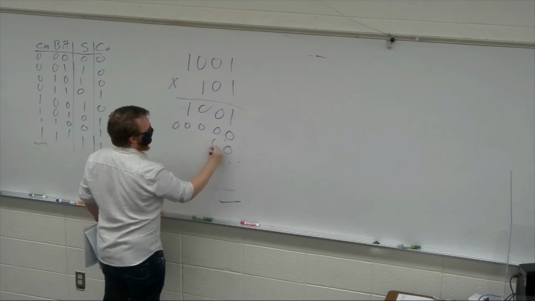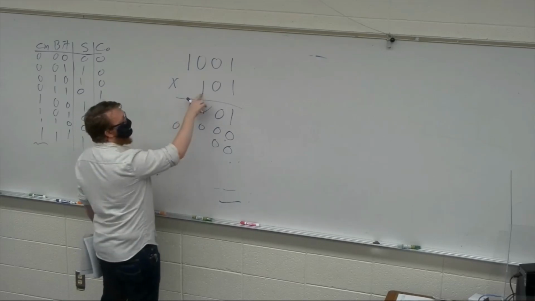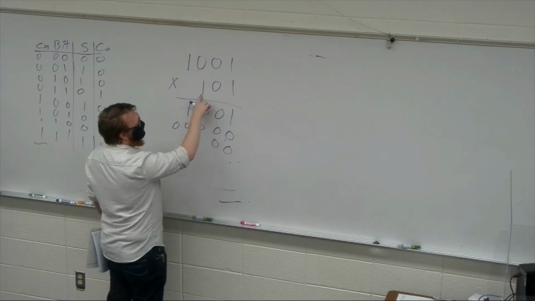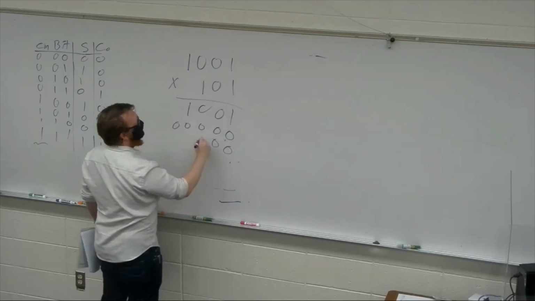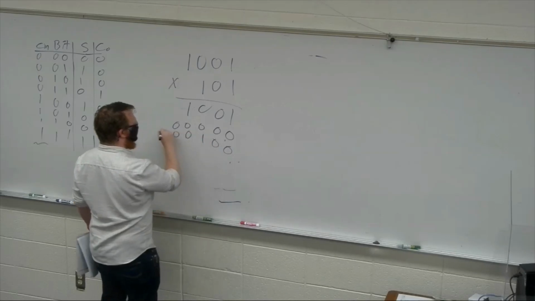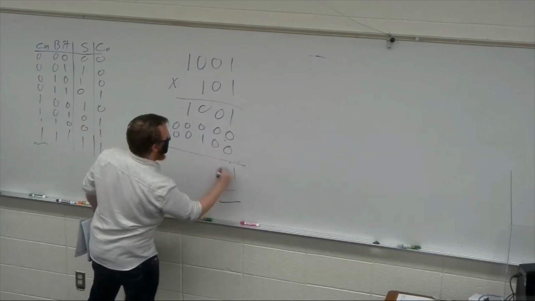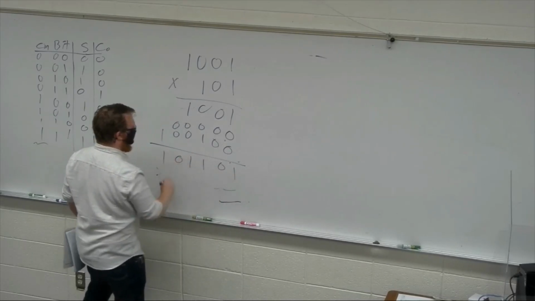Then I step over 2, because I'm now in probably the hundreds bit. And then it's just going to be 1, 0, 0, 1, but shifted. And then I can add these up together. 1, 0, 1, 1, 0, 1.